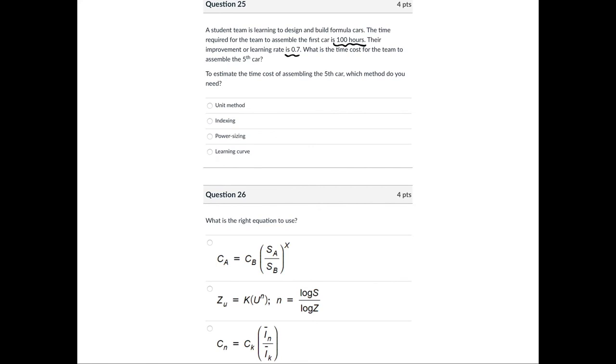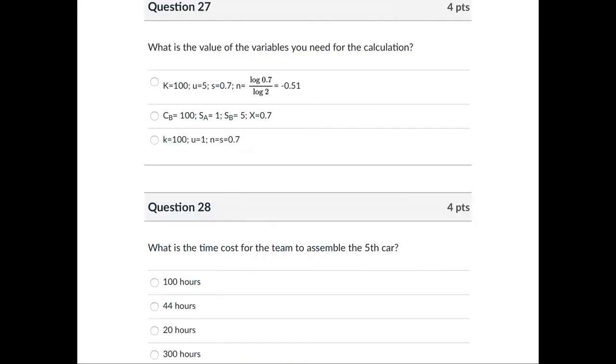Well, it's very obvious, talking about learning rate, so it's the learning curve method. Okay, and the formula for this learning curve method is going to be this one.